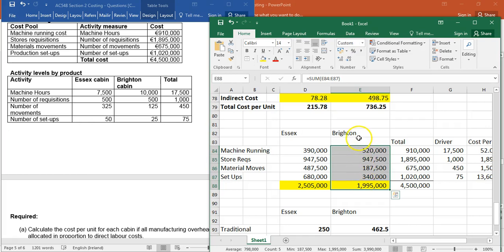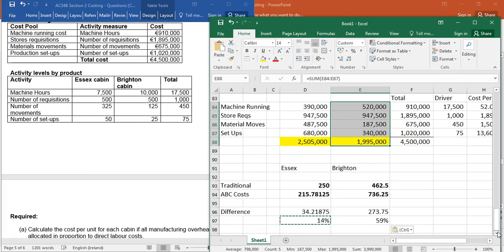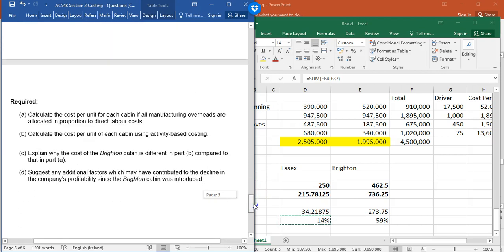So even though it's only 4,000 units, it nearly gets allocated the total same amount of overheads, where Essex is 8 times the level of volume. So that's a key insight of why the two are different, because of the different level of usage of overheads. Right? So that's a key thing to be able to interpret as well when you're going through the numbers.